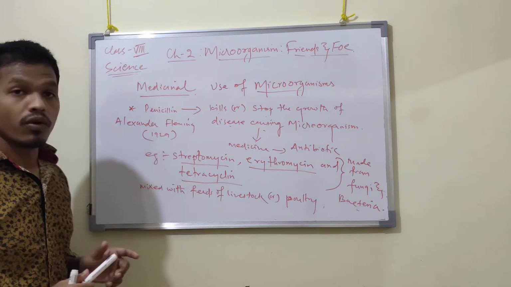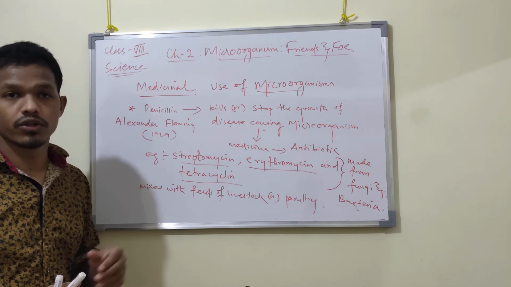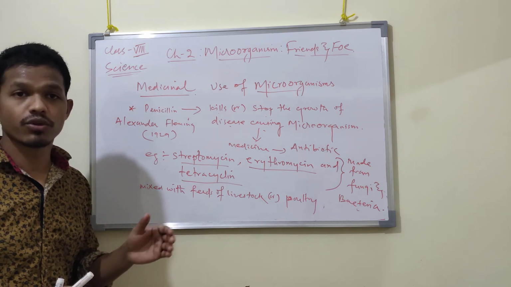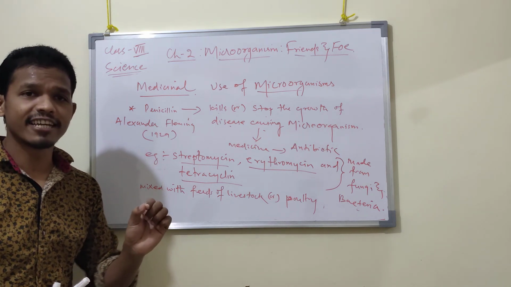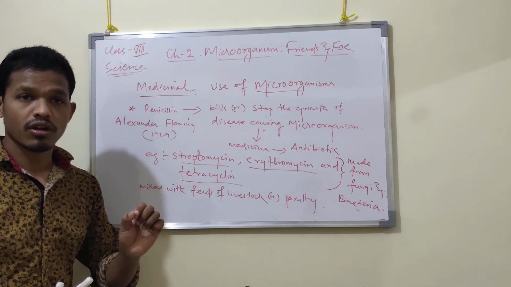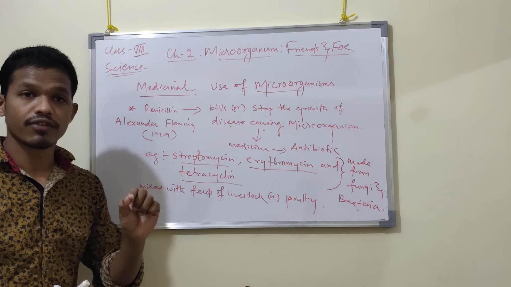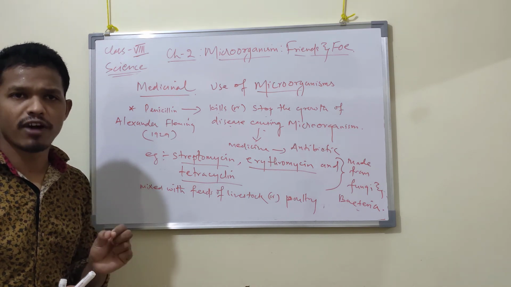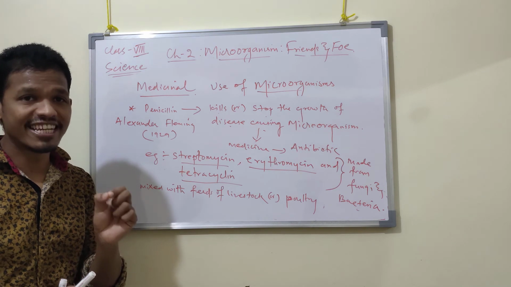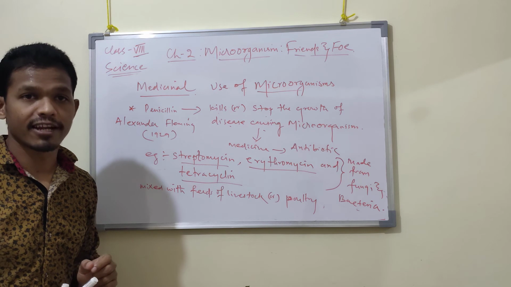Alexander Fleming, while he was doing a culture of disease-causing microorganisms, found some spores of little green molds in a culture plate.